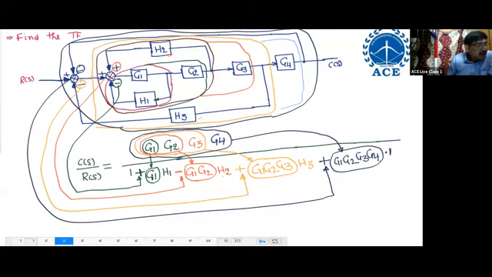Right. Draw the equivalent block diagram to the given block diagram. Draw the equivalent block diagram to the given system, whatever block diagram it is.